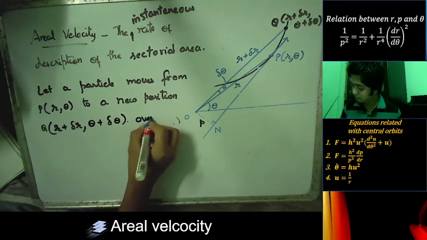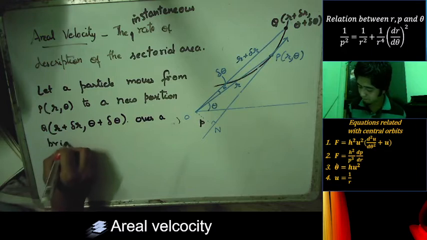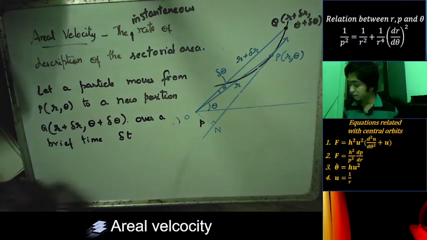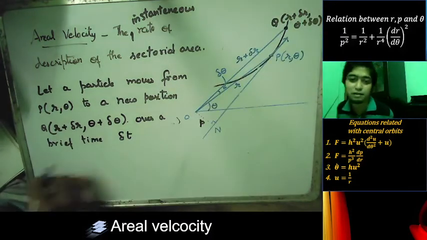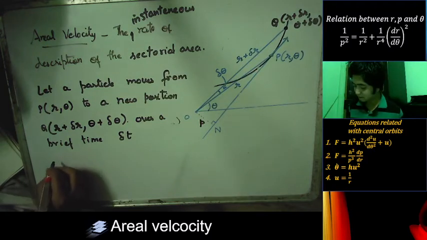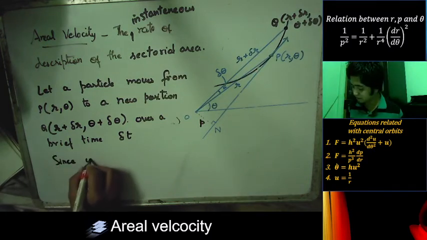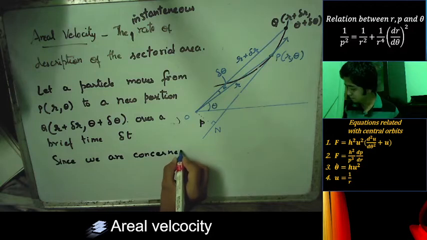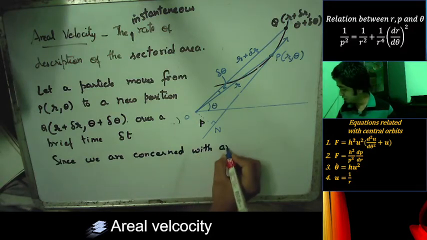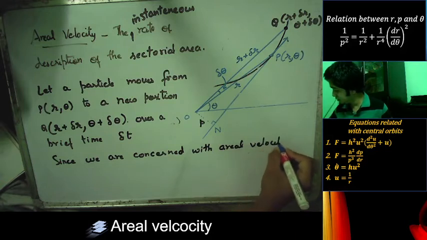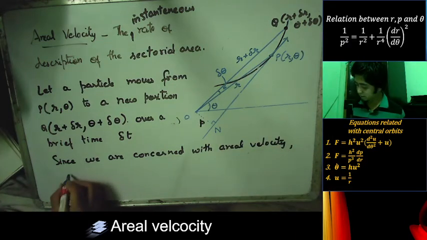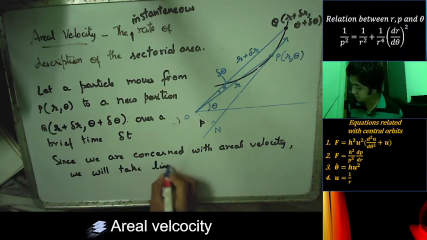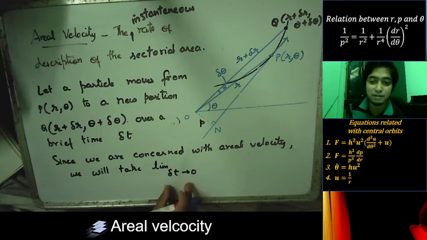Okay, over a brief amount of time del t, after time del t, it has moved from P to Q. Since we are concerned with areal velocity, we will take the limit del t tends to 0, if the time is very, very small.